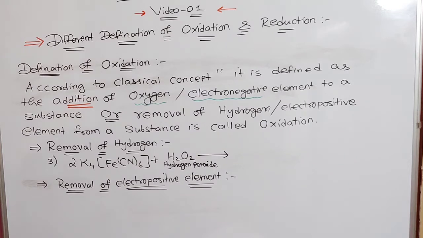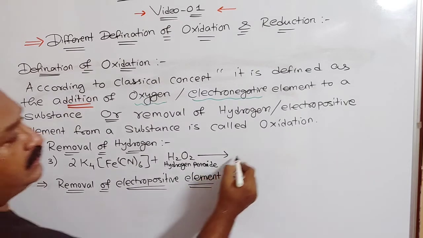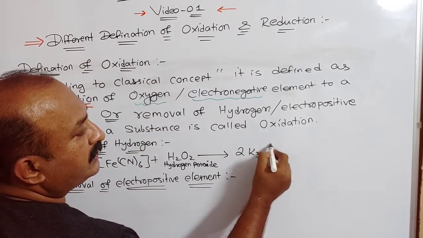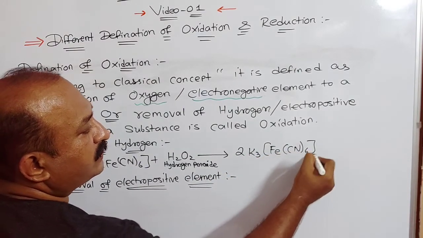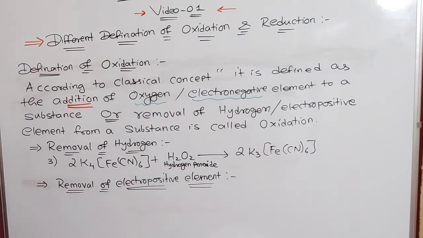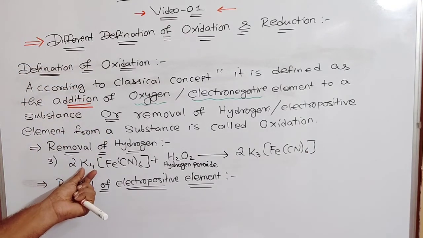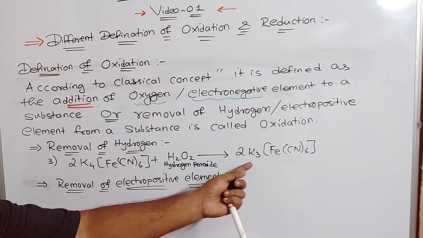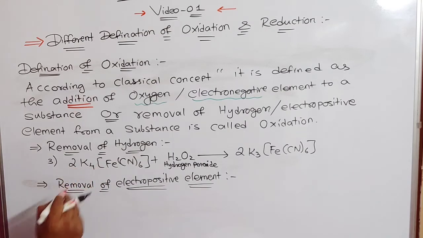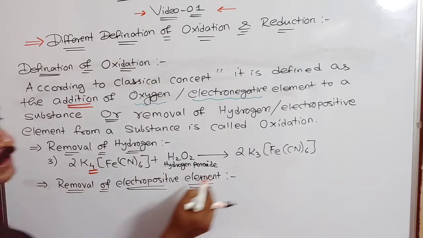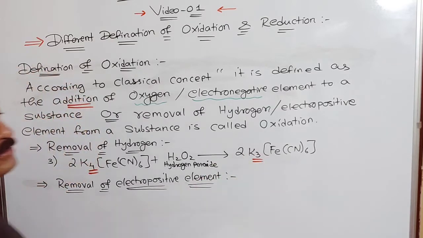You will see 2K3FeCN6. Plus the remaining: here K4 is there and here only K3. So what is being removed? An electropositive element is being removed. I will underline here: 4 potassium is there and here only 3.